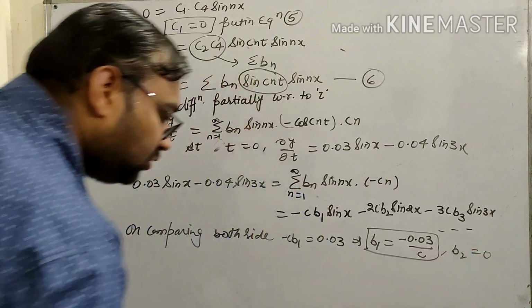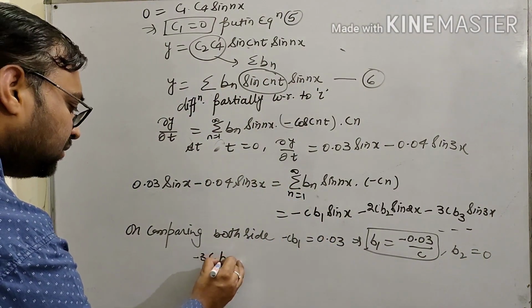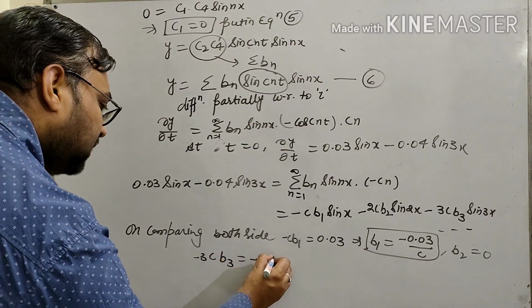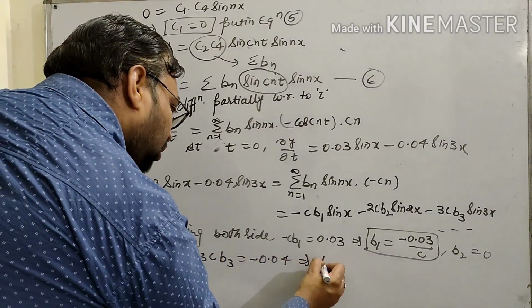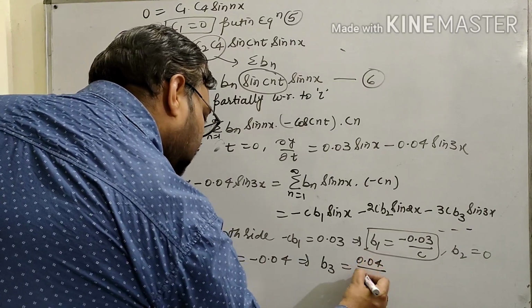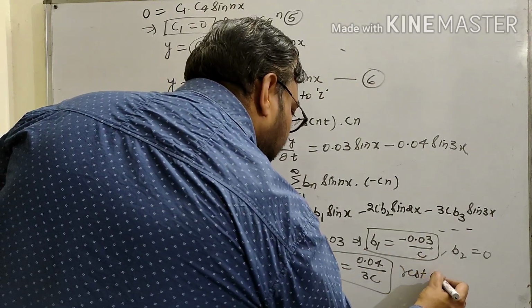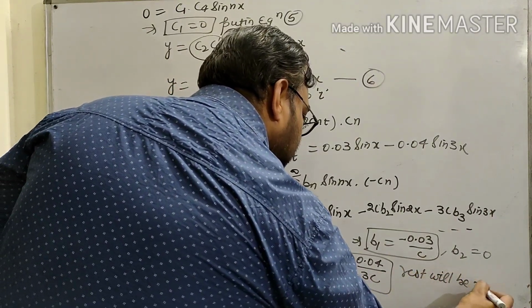b2 is equal to 0. Minus 3c b3 equals minus 0.04, or b3 is equal to 0.04 upon 3c, and the rest will be 0.